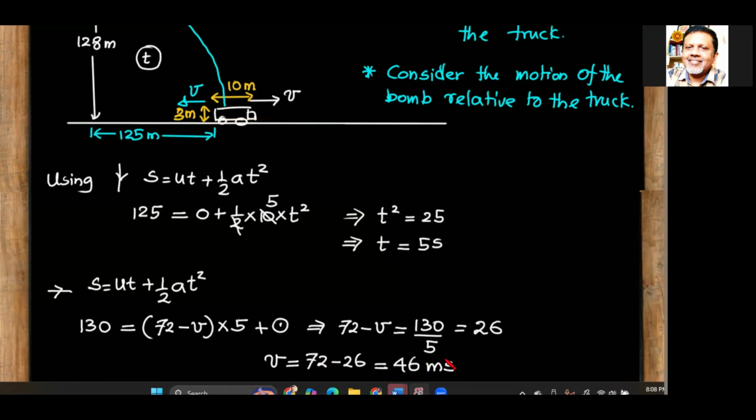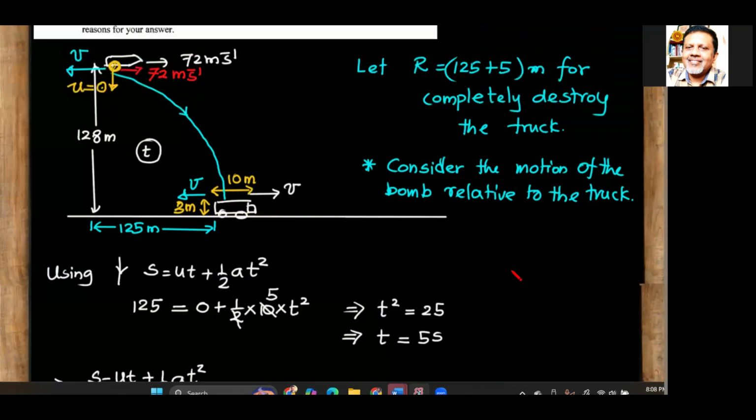So this is the speed of the particular truck we are considering here for the first part. The truck is moving with 46 meters per second on the ground, and the bomb will fall just on the middle part of the truck.